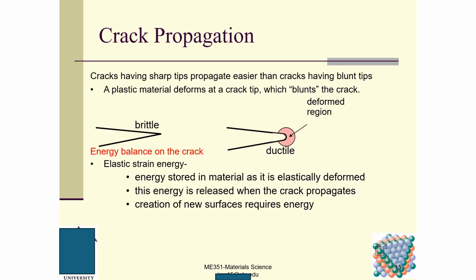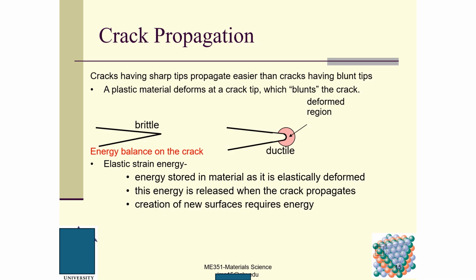So here is the energy balance on the crack. Elastic strain energy is the energy stored in the material as it is elastically deformed. If you do something to the specimen, even if there are no cracks and it does not fracture, because you are doing work on this specimen, the specimen's strain energy will increase, because of conservation of energy.